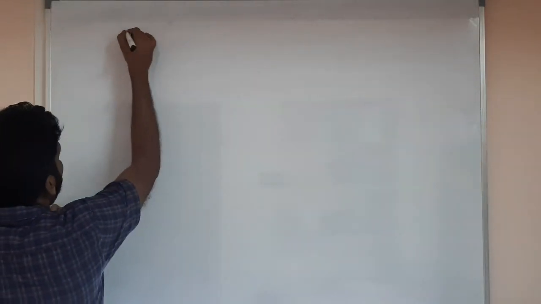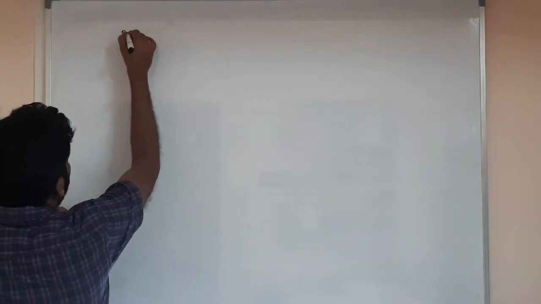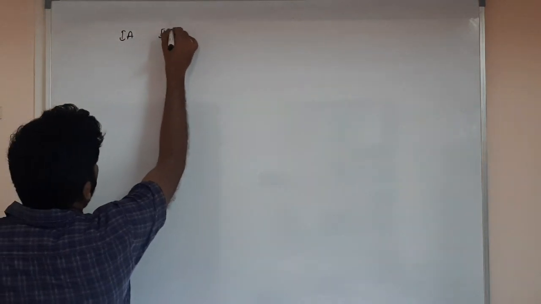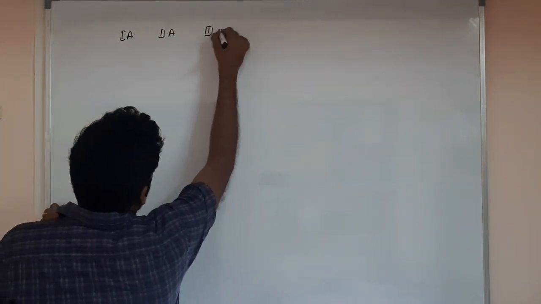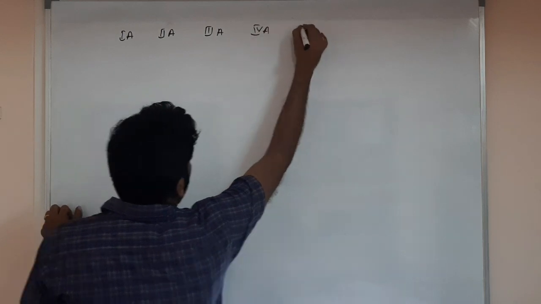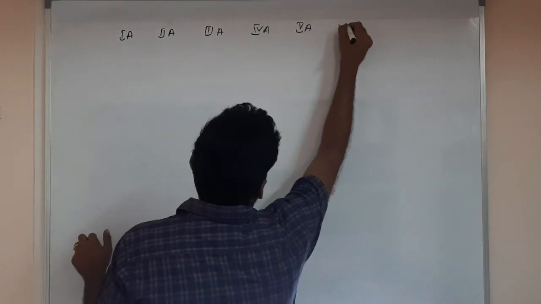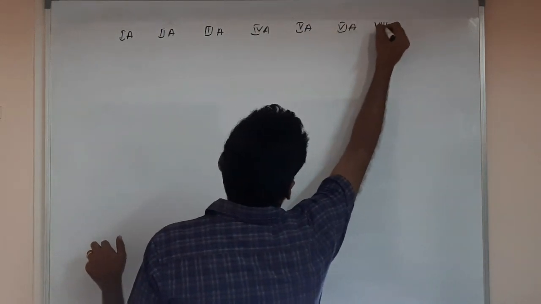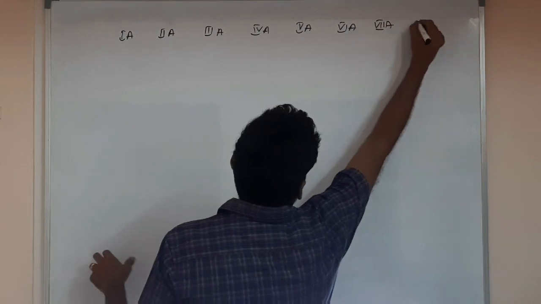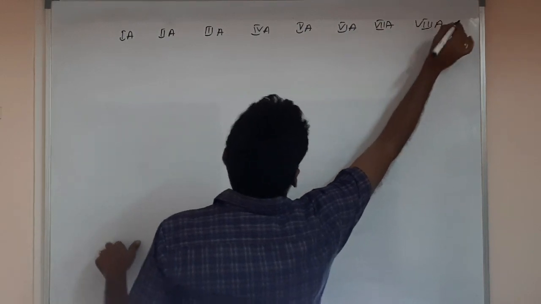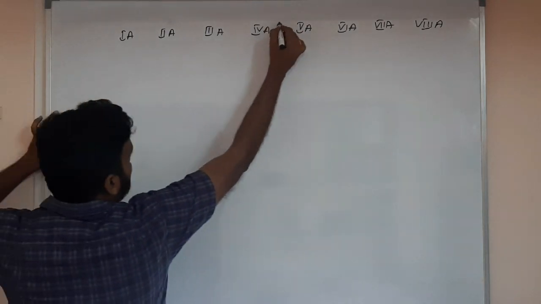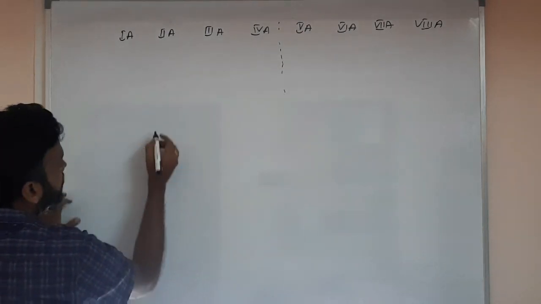Okay, so again same story: 1A and 2A, 3A and 4A, 5A, 6A and 7th and 8th.